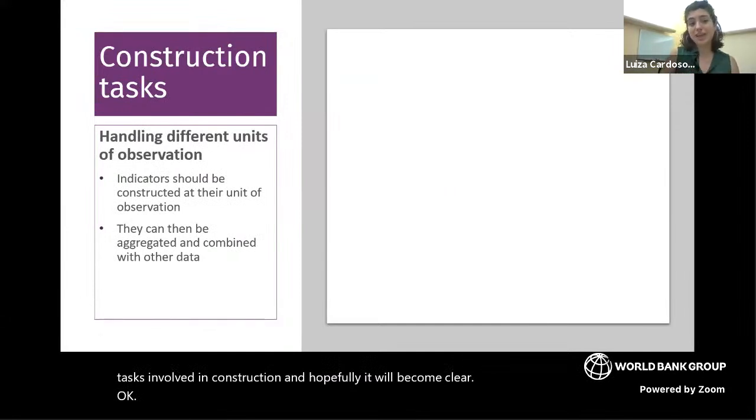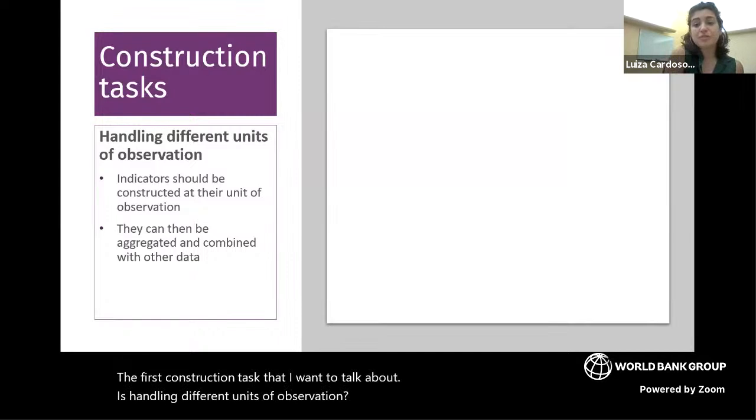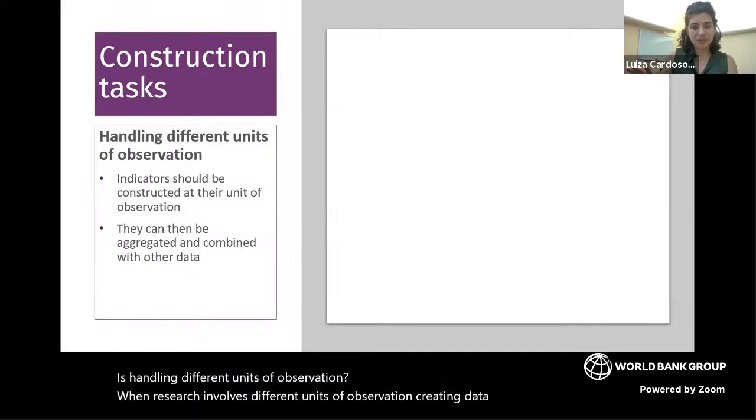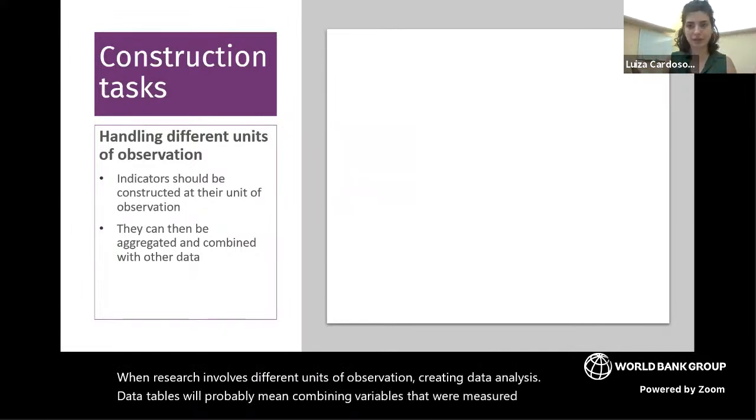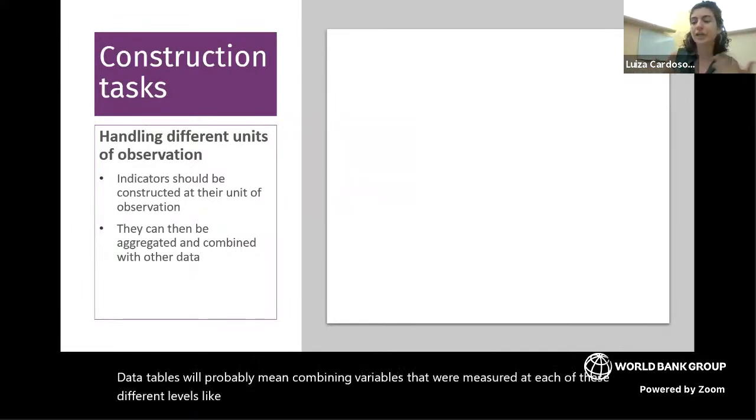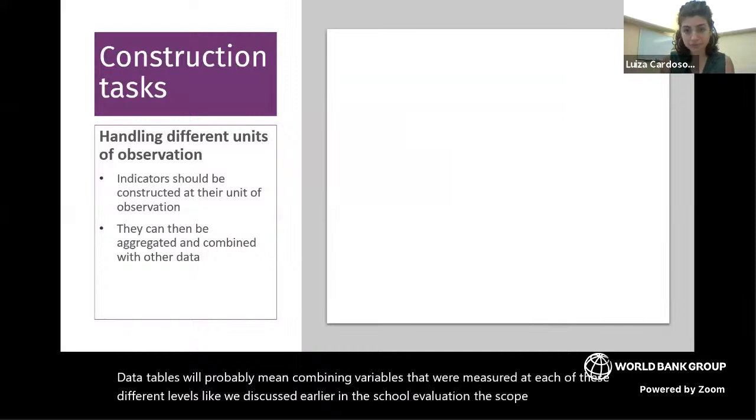The first construction task that I want to talk about is handling different units of observation. When research involves different units of observation, creating data analysis data tables will probably mean combining variables that were measured at each of these different levels, like we discussed earlier in the school program evaluation.